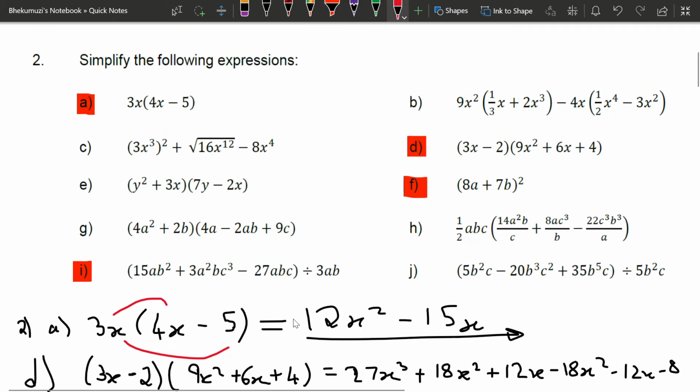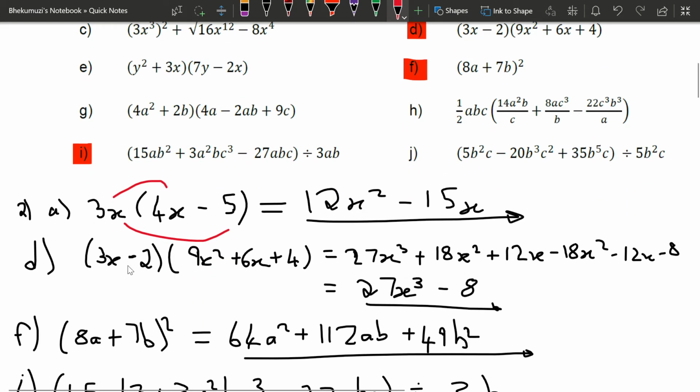And then again, with D, you have 2 brackets now, where it's 3x minus 2, and in the second bracket you have 9x squared plus 6x plus 4. Now this does resemble a type of factorization, if you have done it yet, which is cubic factorization. But let's see.